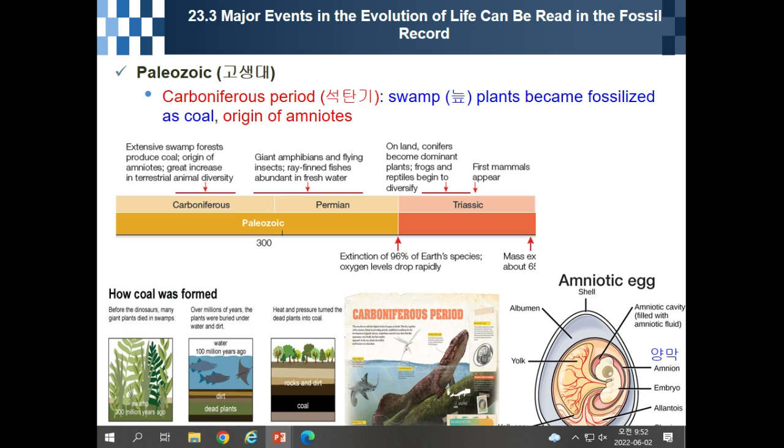And also there was the origin of amniotes. Okay, amniotes. So this is the amniotic egg, the egg. They have the amnion. Okay, so amniotic egg is like this. In Korean, we call it a 양막. Okay, now they are in the land.